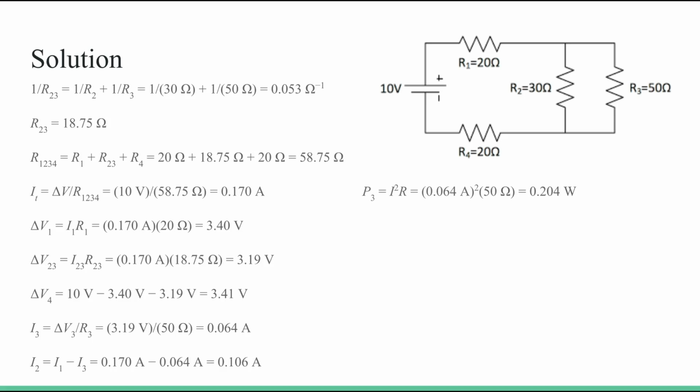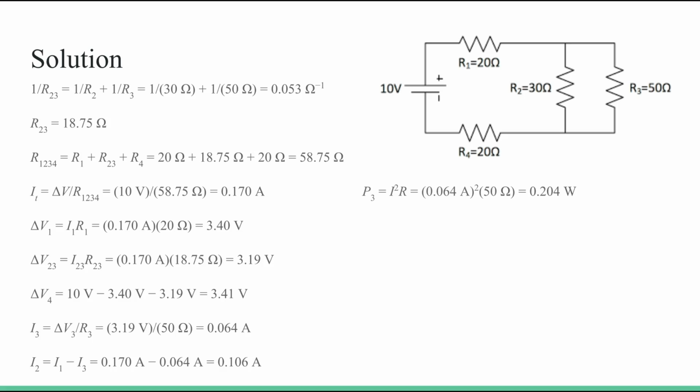And notice, if you want to find this voltage drop, you can use Ohm's law, but only put the resistor R1. Do not put the total resistance. So put resistor R1, you get 3.40 volts. So that's the voltage drop across R1 alone, okay?